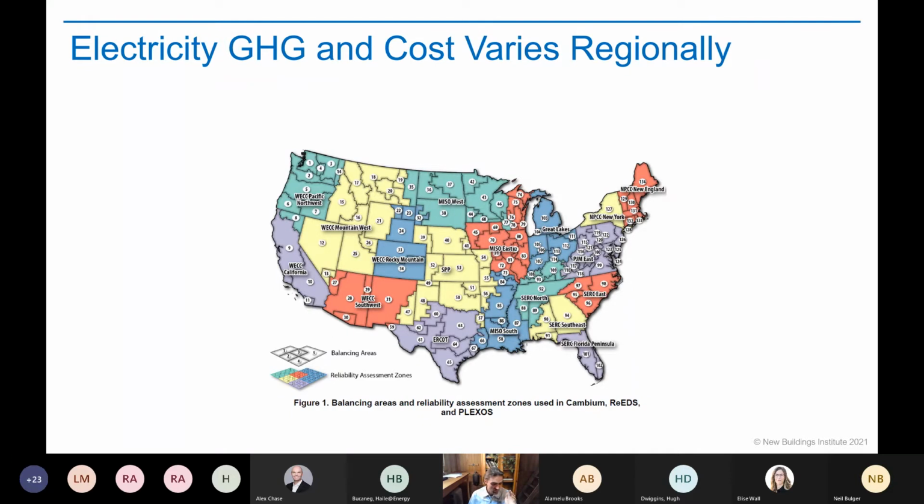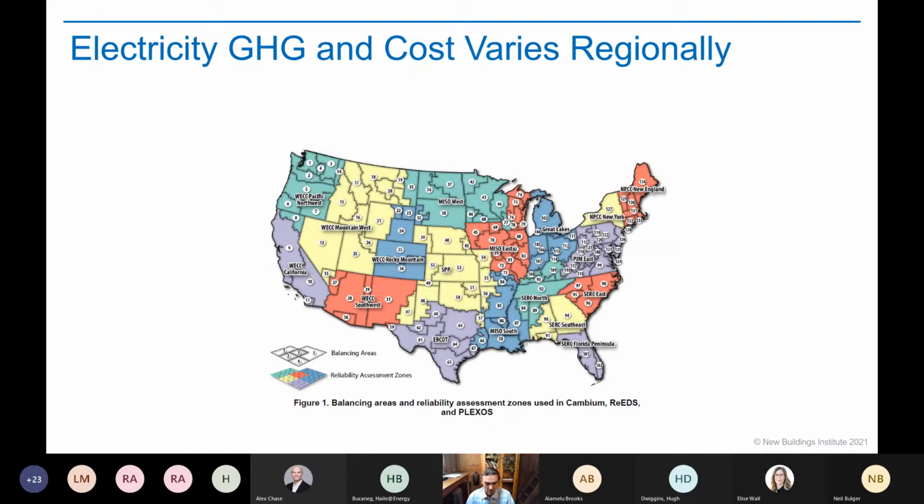As we move toward a grid with more renewables on it, and especially more variable renewables, wind, solar, whether that's utility scale or building sited, different parts of the US grid are evolving at different rates and are coming from different places as their baseline. So California has a significantly higher penetration of renewables in its grid mix than, say, Georgia or Alabama. Probably not news to anybody.